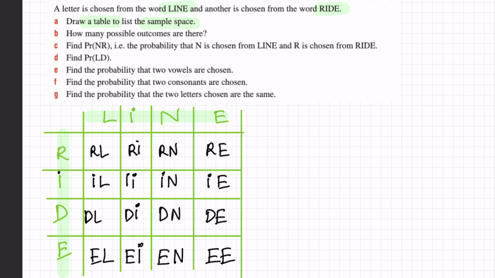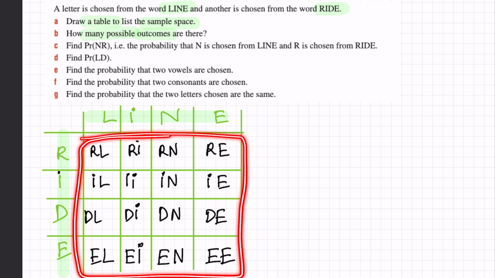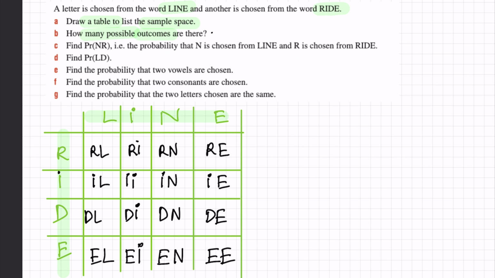Alright, how many possible outcomes? B. Possible outcomes. As I said before, we care about all the possible outcomes inside the table. 1, 2, 3, 4 times 1, 2, 3, 4. 4 times 4 gives you 16. I'm going to change the color so it may be a bit more attractive for you.